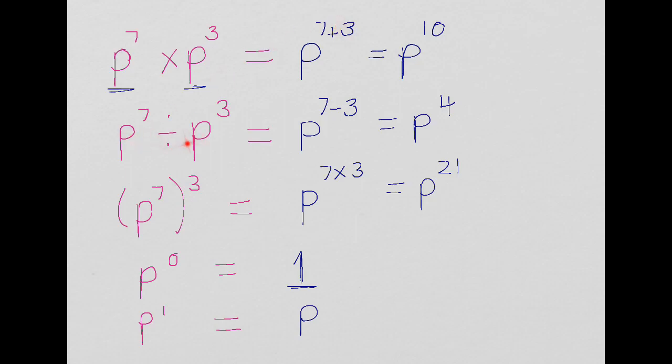When we're dividing and the bases are the same, we subtract the indices. When it's one power raised to another power, we multiply. Anything to the power of 0 is 1, and anything to the power of 1 is just itself. Make sure they're copied down.